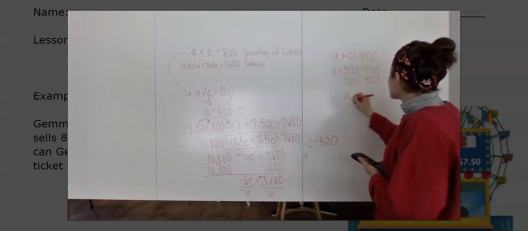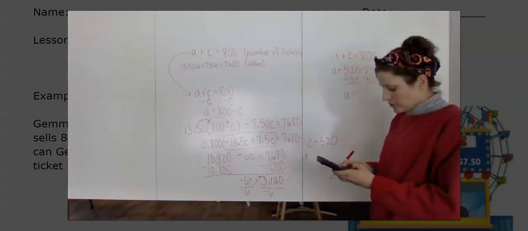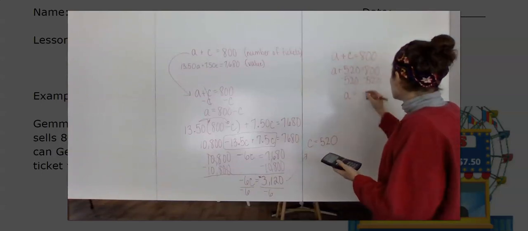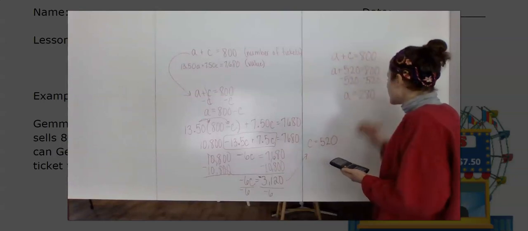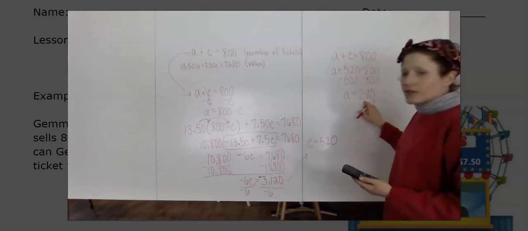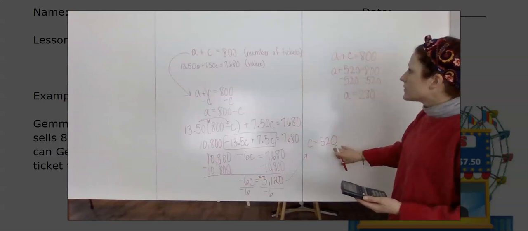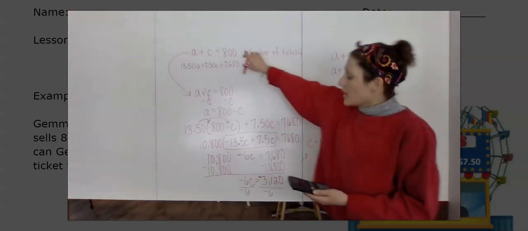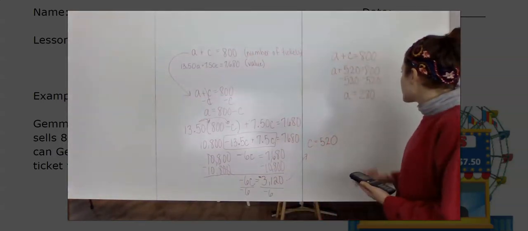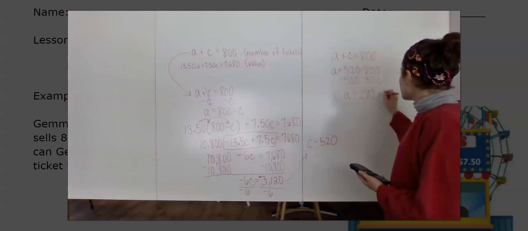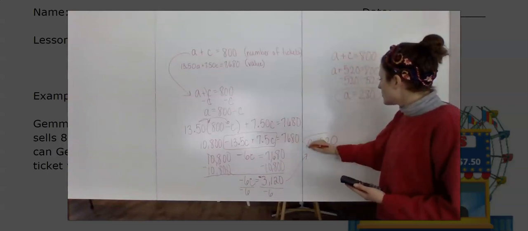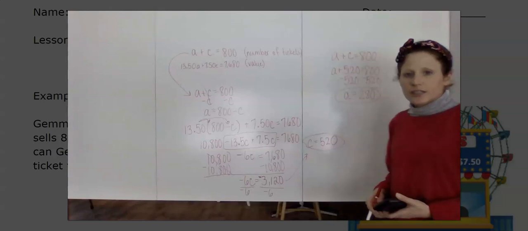When I do that, I get A is equal to 280 adult tickets. So if I add up 280 adult tickets plus 520 children's tickets, I should get back to 800 tickets. But here, 280 adult tickets sold, 520 children's tickets sold.